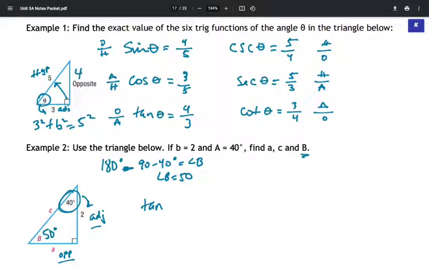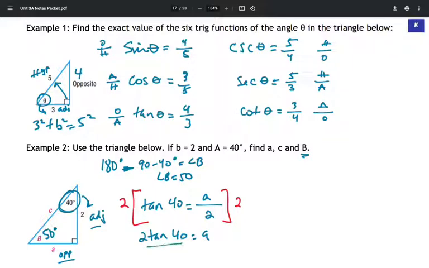So we'll say tangent of 40 equals the opposite side, which is A, over the adjacent side, which is 2. To solve this, I need to undo what's happening to A, so we're going to multiply both sides by 2. So what I'm typing in my calculator is 2 tangent 40 to equal A.